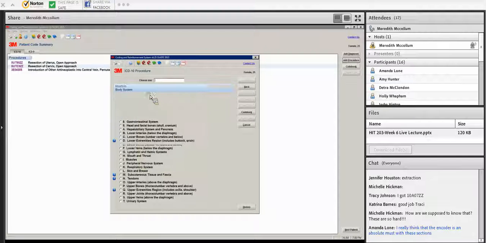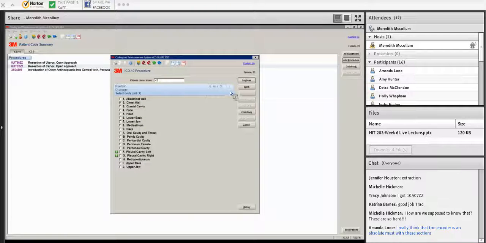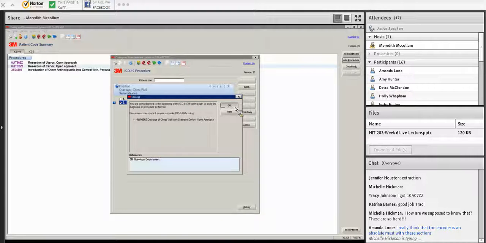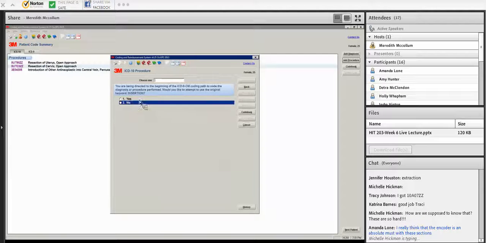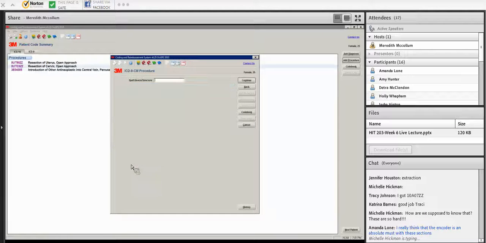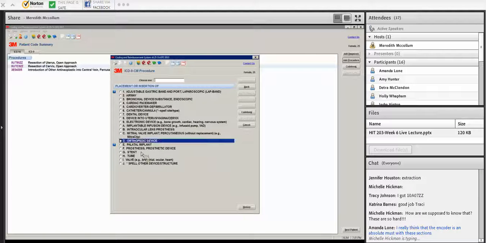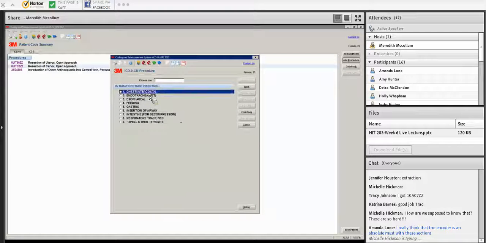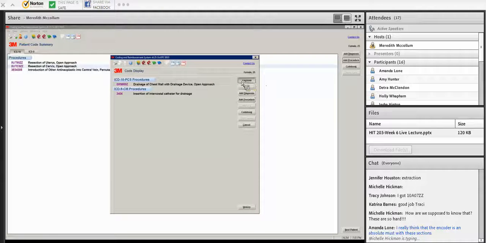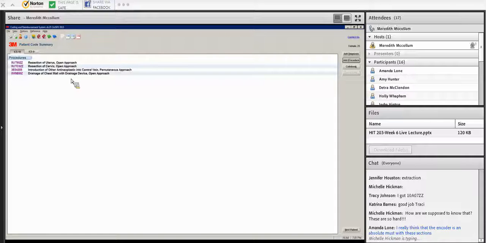Let's do general and then chest wall. Open approach, drainage device. Okay.